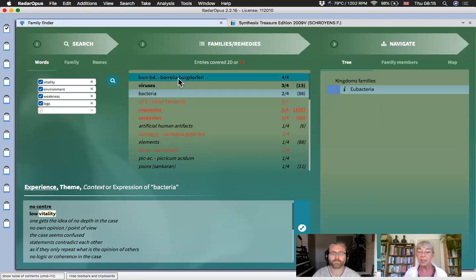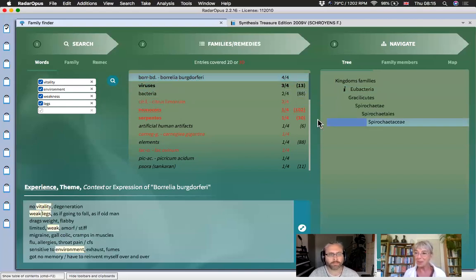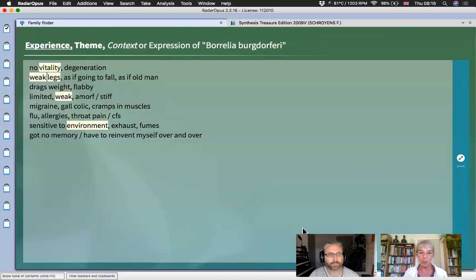So that seems to be the area to look in. And if you then go in the down box, you see Borrelia has the vitality issue, the weak legs and weak in general, limited weak. And the sensitivity to environment, exhaust and fumes. Well, that seems to hit all the boxes.